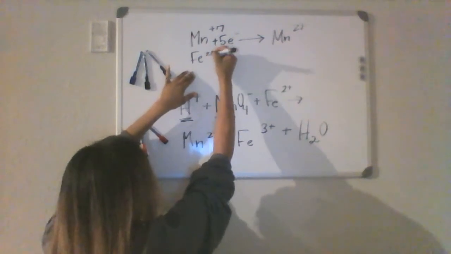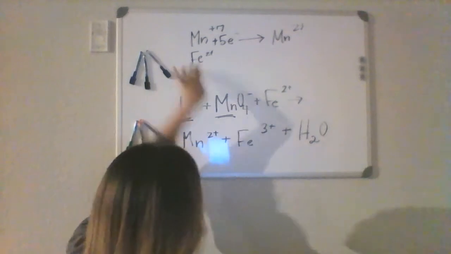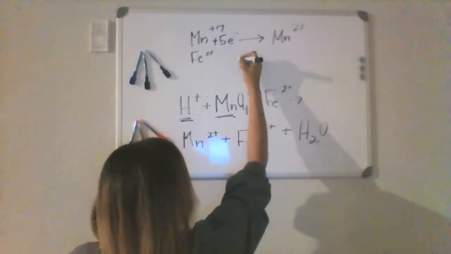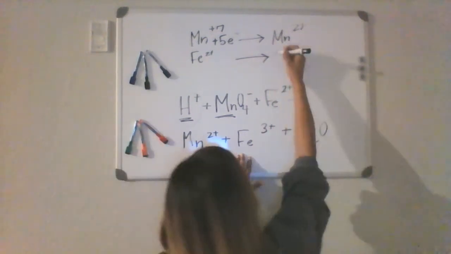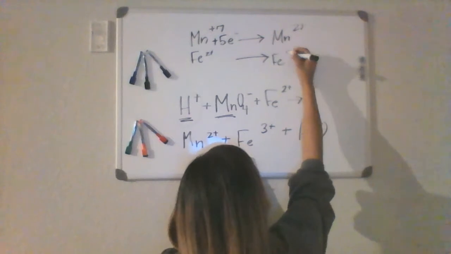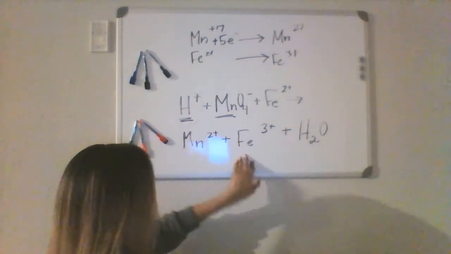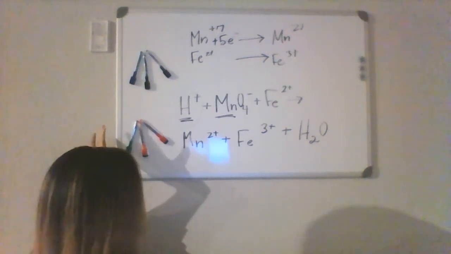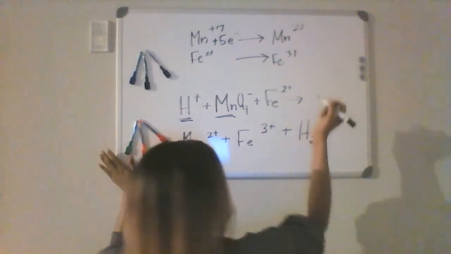Fe2+ on the left-hand side, and you're going to yield Fe3+ on the right-hand side. And like I said before, in order to balance this, you have to basically add an electron.